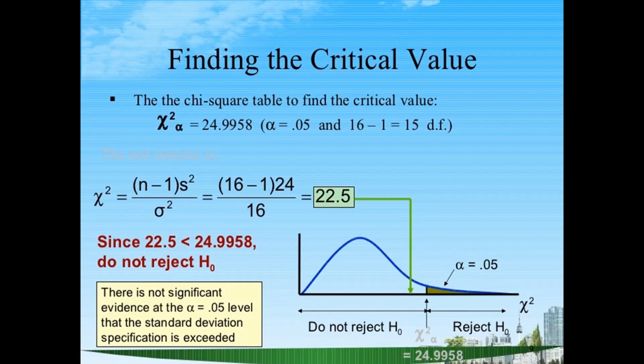Since 22.5 is less than 24.9958, do not reject the H naught. So the alpha value here is 0.05. It indicates the reject and do not reject regions.